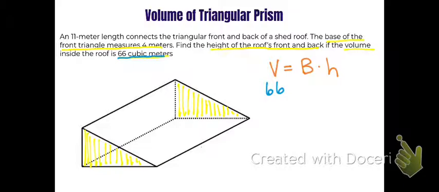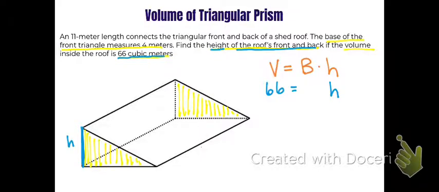Well, notice they are saying find the height. So are we solving for h here? No, this is where it's confusing. They want to find the height of the roof's front and back. So it's actually asking for the height of one of these triangles.